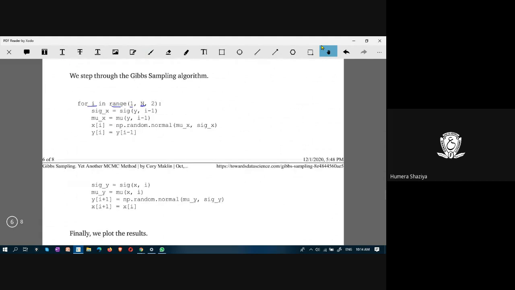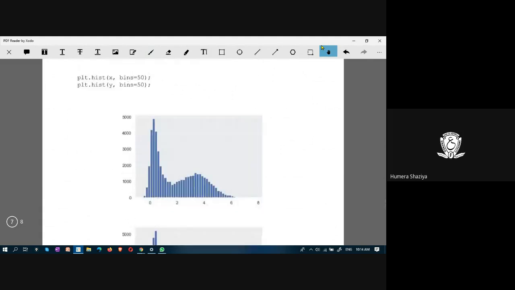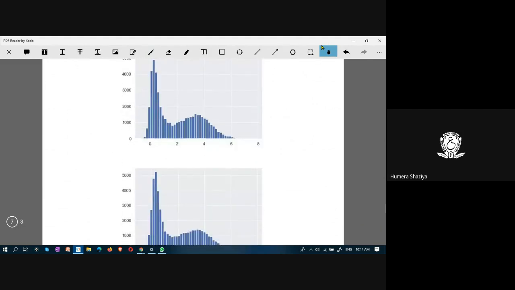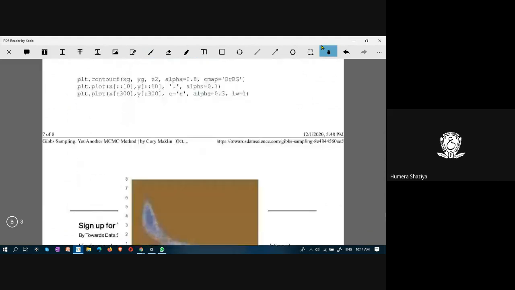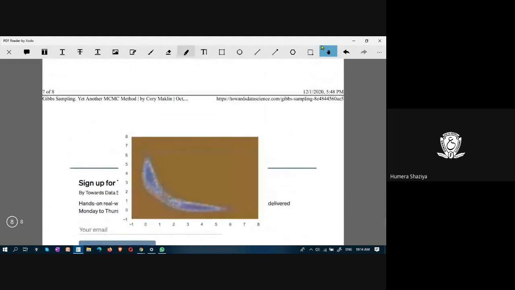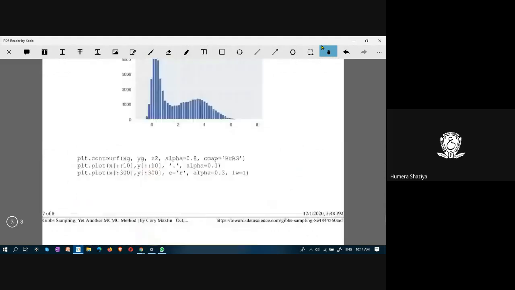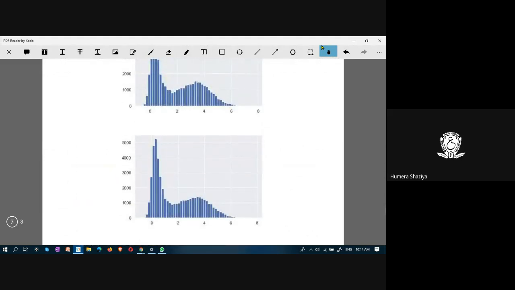So that algorithm is iterated for 50,000 times. Finally, this plot is generated. This is nothing but the posterior distribution. This is all about Gibbs sampling, which is a variant of MCMC, which generates and approximates the posterior distribution through conditional probabilities. Do you have any doubt in this?